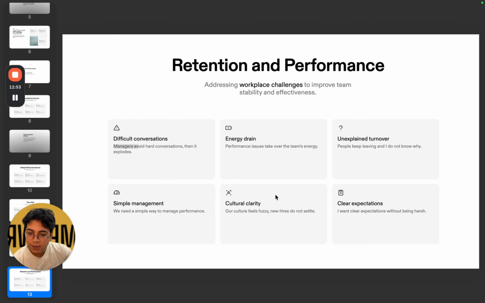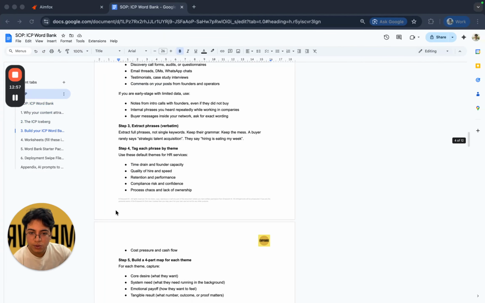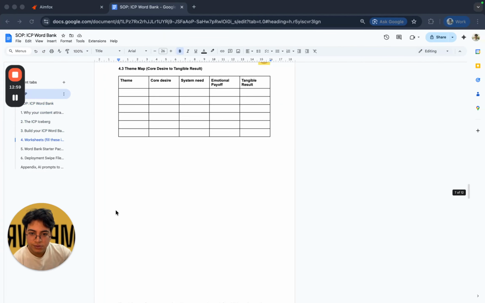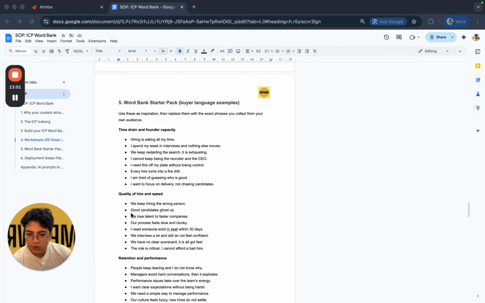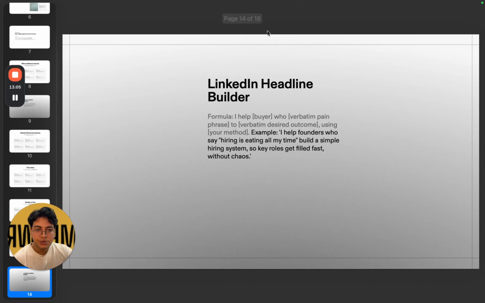So if you haven't come up with any ICP Word Bank, you can copy directly from here. Okay. So now we are going to deploy all of the ICP Word Bank we have built so far in our digital assets. So let's start with the LinkedIn headline formula.